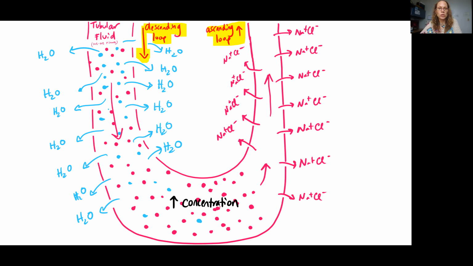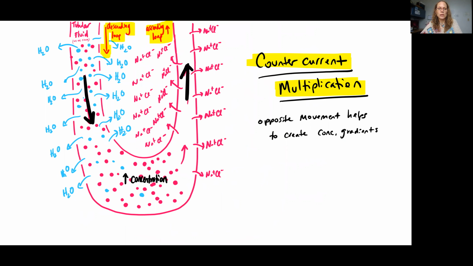So because we have movement close together, down and up, we have what's called the countercurrent multiplication happening here. So this opposite movement creates a really strong concentration gradient. So what we see happening is in that ascending loop, we've pulled out all the sodium chloride, which then is going to help all that water get pulled out from the descending loop.